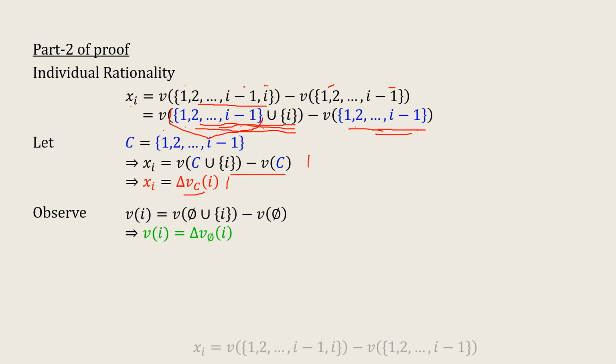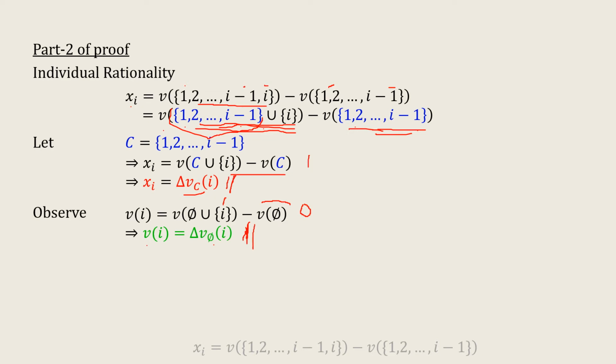Now, the value of the coalition consisting of i alone is equal to v(null union i) minus v(null). The value of the null coalition is 0, as per our original assumption. So this is v(i), whence v(i) equals delta v(null,i), the marginal contribution of agent i to the null coalition. This is the other expression that I'll need.